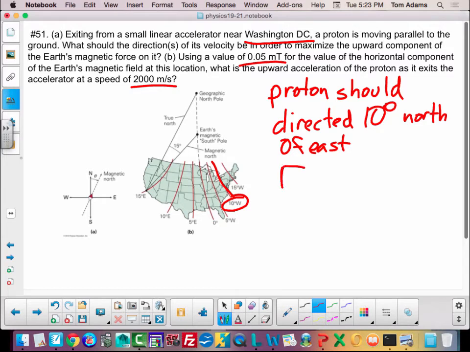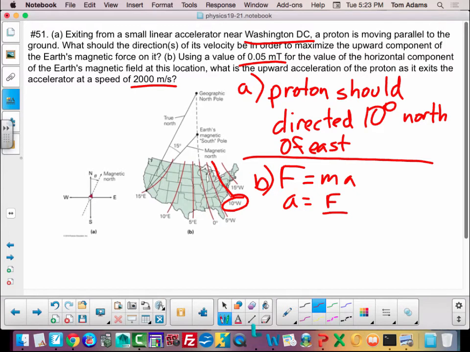Now remember that for part B, force is equal to the mass times the acceleration. So then acceleration is equal to the force divided by the mass. And remember that force can also be calculated by the charge of the particle times the velocity of the particle times the magnitude of the magnetic field, all over the mass of the object.